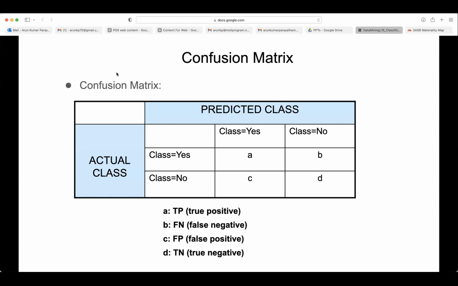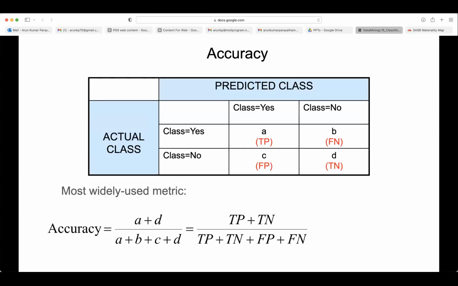So here again, the confusion matrix concept came. We have true positives, false negatives, false positives, true negatives, with predicted class and actual class, which you know anyway. Then accuracy is nothing but the diagonal, A plus D, divided by the total number of instances predicted, A plus B plus C plus D. That is TP plus TN divided by TP plus TN plus FP plus FN.